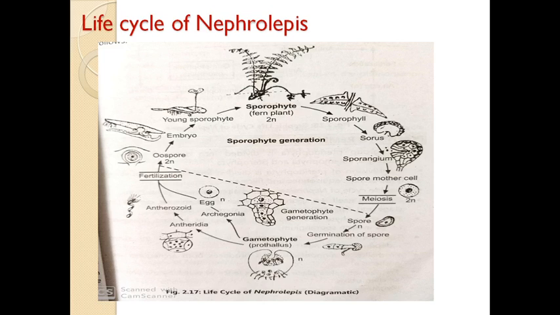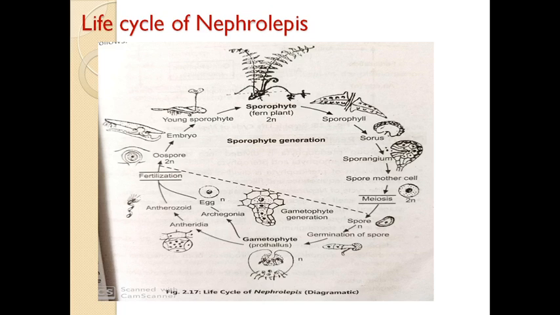In this way, the sporophytic generation alternates with the gametophytic generation, one after another, and this phenomenon is known as alternation of generation.